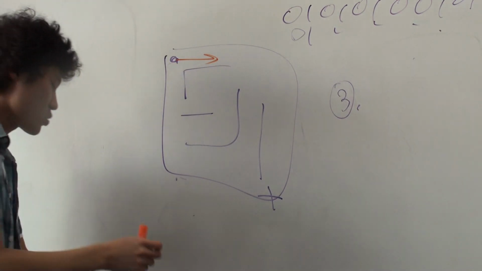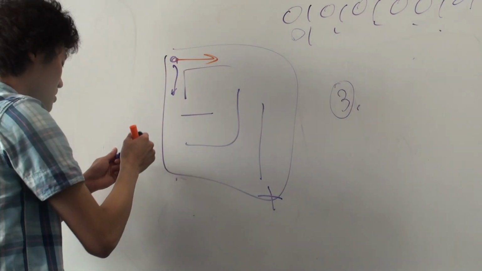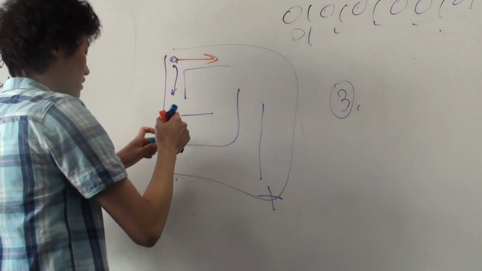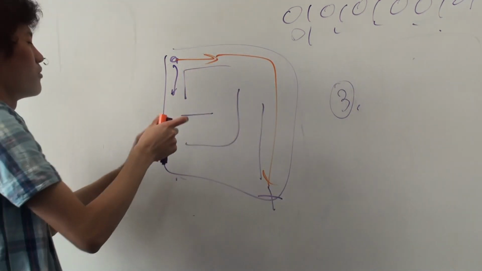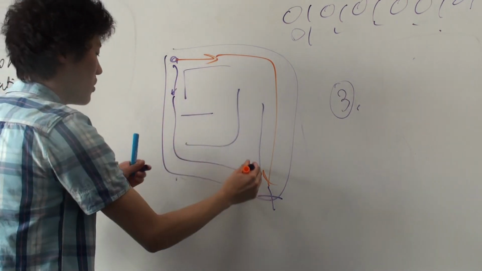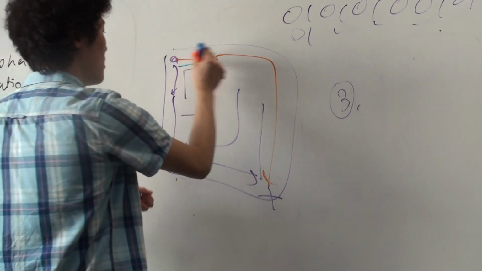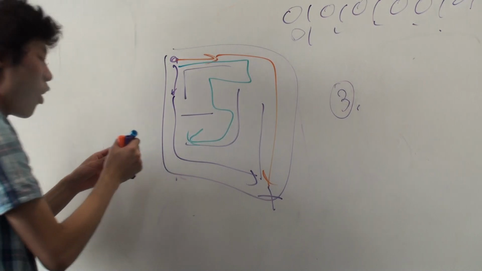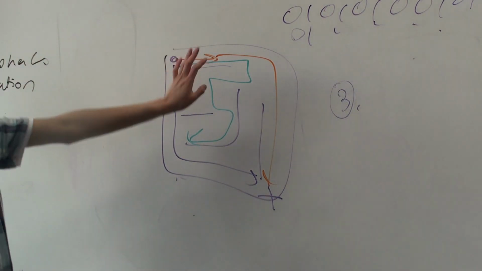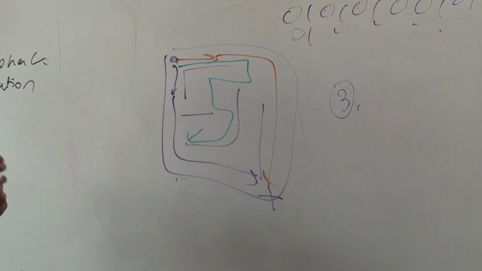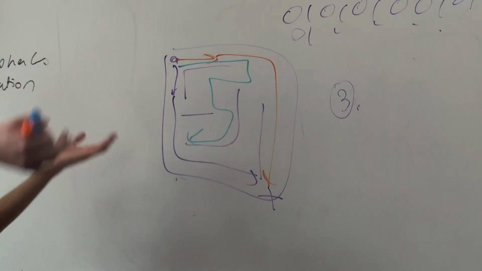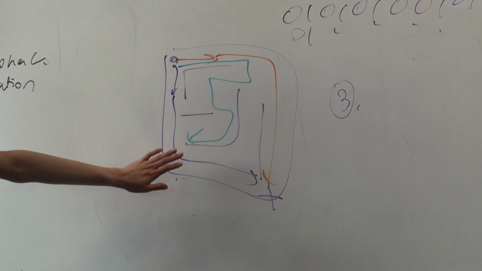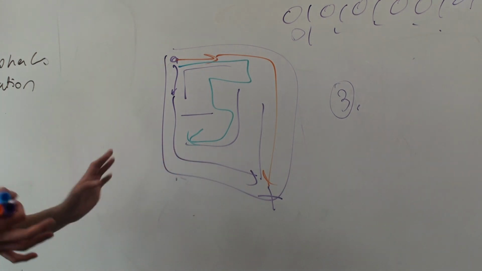So treat these as quantum computations. It checks this route, checks that route, checks this route, all at the same time. As you can see, quantum computation is crazy. If you can check stuff at the same time, you can increase computation speed by a lot.